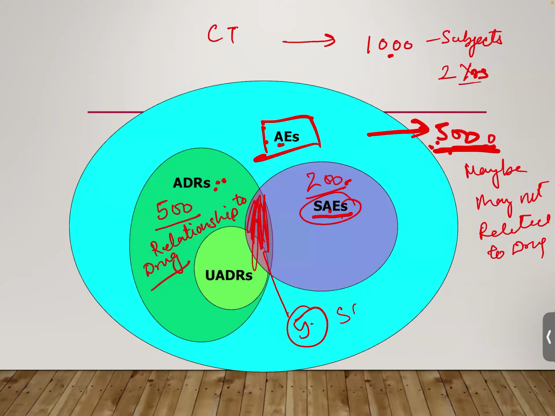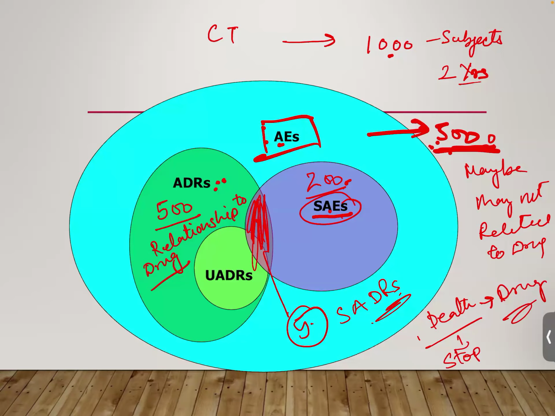That means serious ADRs, with a possibility of being related to the drug. Suppose, for example, there was a death, and when the doctor went through the medical records and everything, they found it may possibly be related to the drug. There is a relationship and it is serious also. This may lead to stopping of your trial because it's a serious thing. Drugs are there to treat, but no one can expect a fatal outcome.